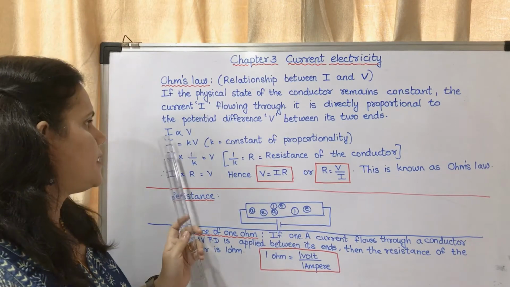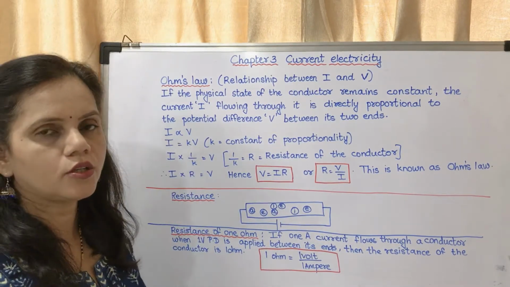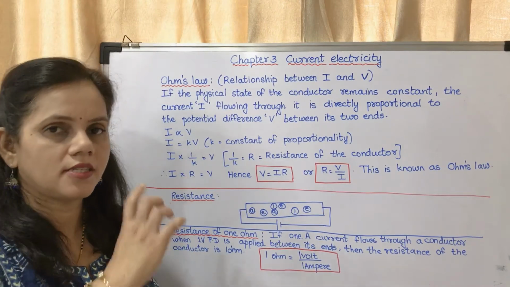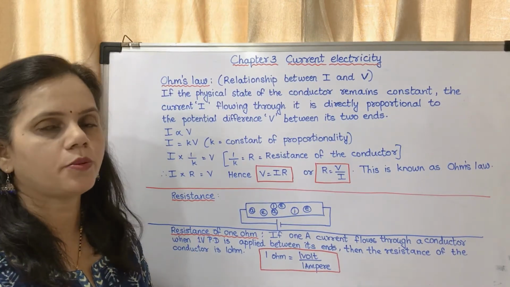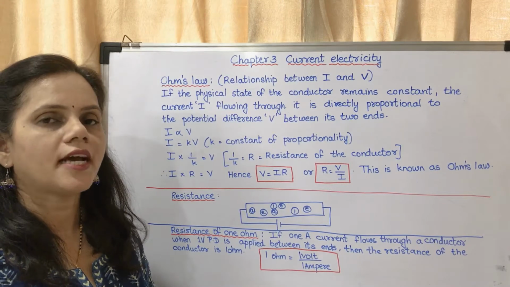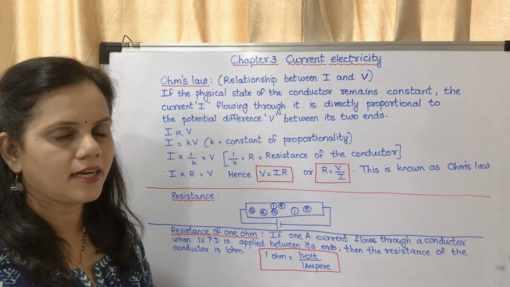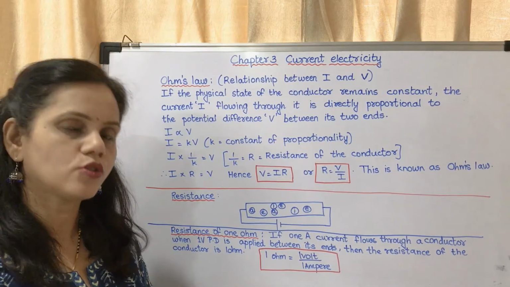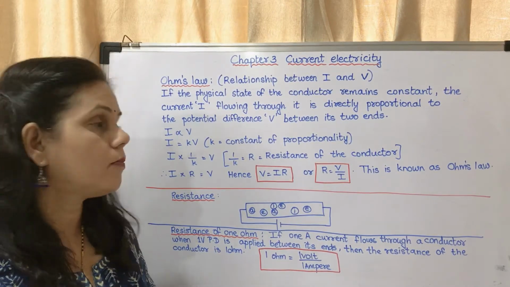Ohm's law states that I is proportional to V. You may learn it from that statement. Okay, I is proportional to V. What is I? I is current. What is V? V is potential difference. So what is the law?